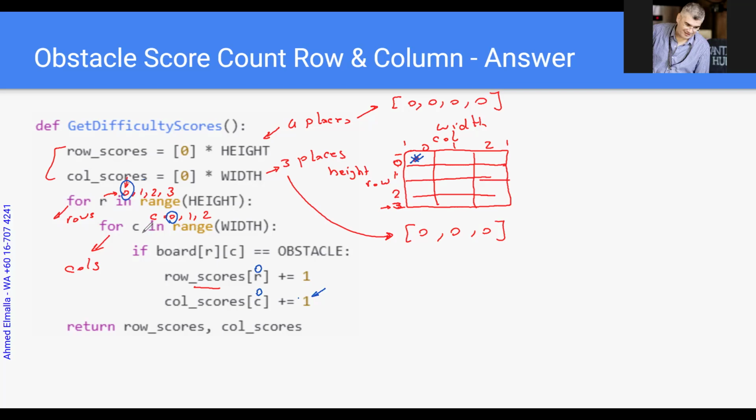So once the C increments, now this is the column scores. And here we have 0, 1, and 2 according to the columns. So if you see an obstacle, you will increase that to become 1.